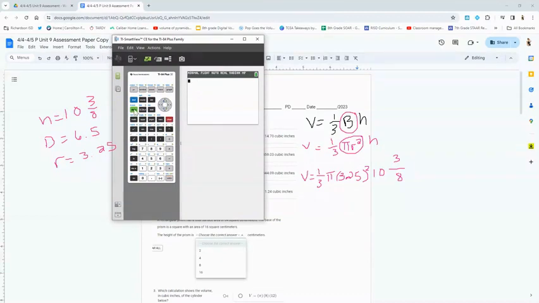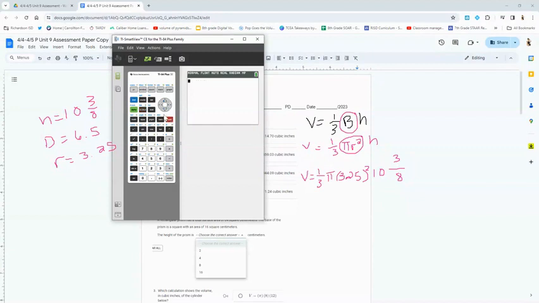I'm going to do alpha x, 1/3, and then pi, which is second cat ear, and then parentheses 3.25, close the parentheses, squared, and then alpha x to get the fraction. Oh no, I messed up.